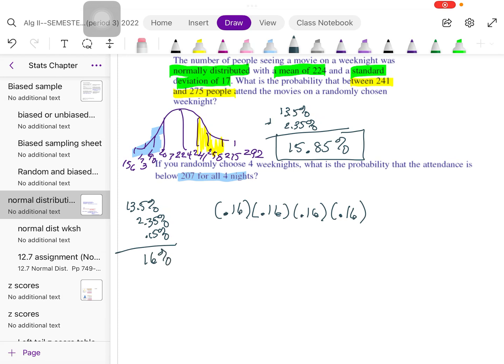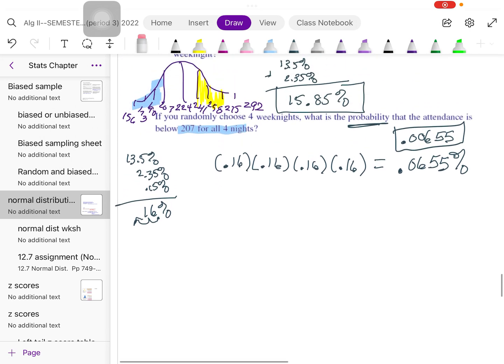That adds up to 16%. So to get the probability, move my decimal 2 places. And this gives me 0.0655%, or decimal probability 0.00655. And I guess it did ask for the probability.